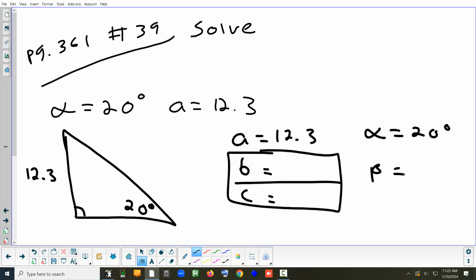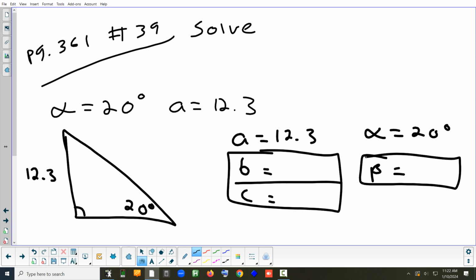No, beta is not given. You can find any of the three things you're missing in any order you want. It's not like one depends on the other. We're purposely avoiding that. Okay, so I generally do the quickest one. So I think beta is the fastest. What's beta?